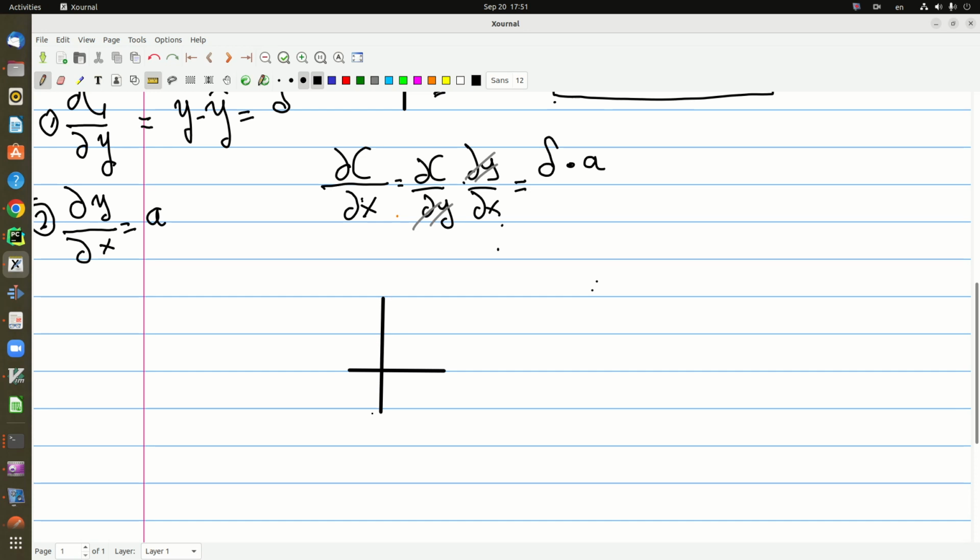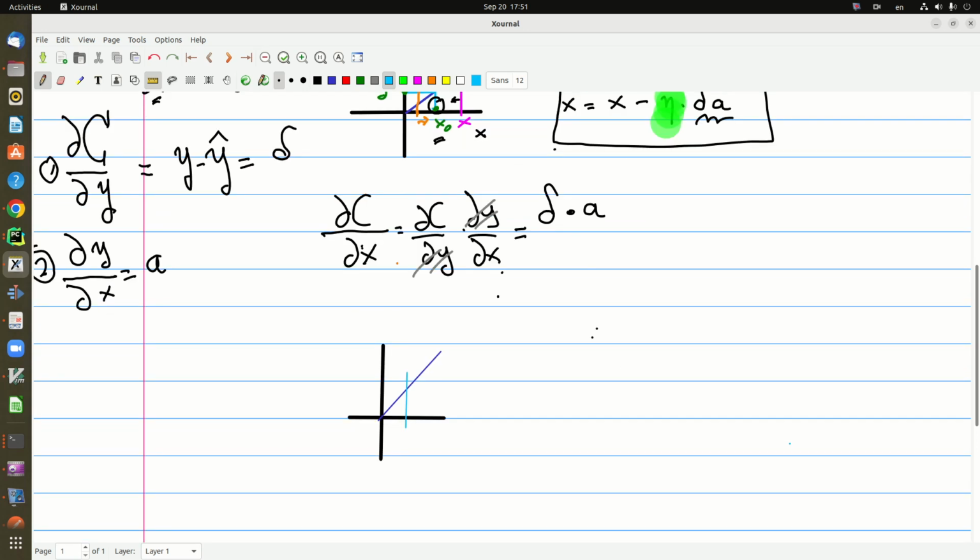Let's say we have the example we saw before, where we have this line here, and the best value is this. Now, depending on the value of eta, if it is very large or very small, as we are approaching it from both directions, we might miss it all the time.